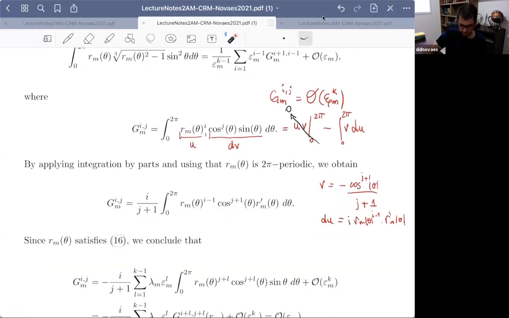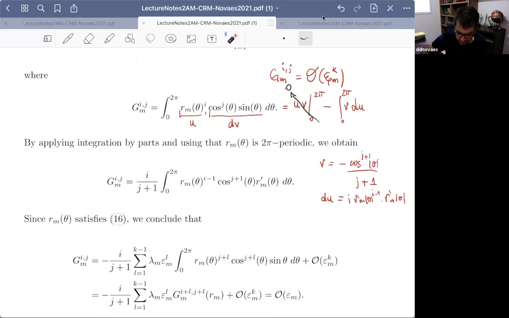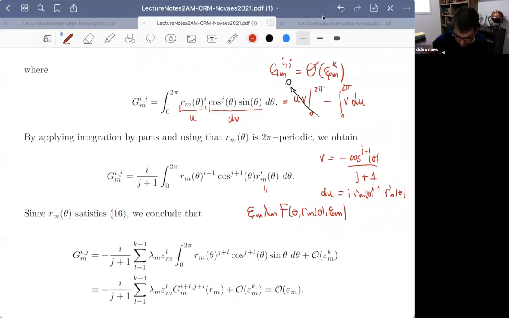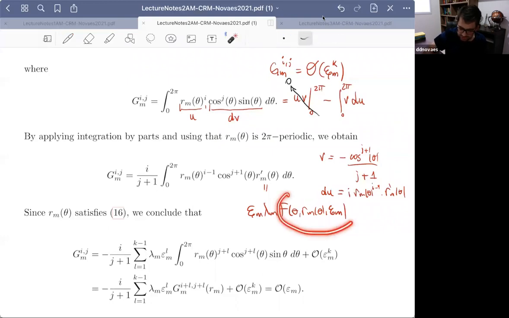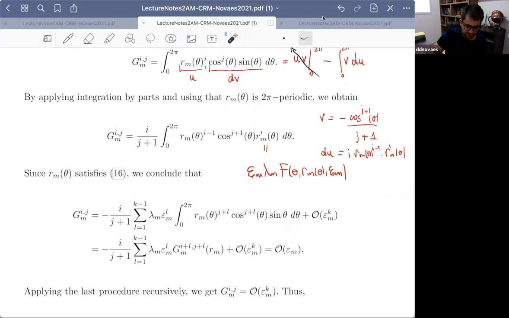Okay, so substituting the Rn by its value, it's epsilon m lambda m times f of theta Rn of theta epsilon n, and also substituting the value of the function computed at this point, we conclude that gmij is given by this sum.